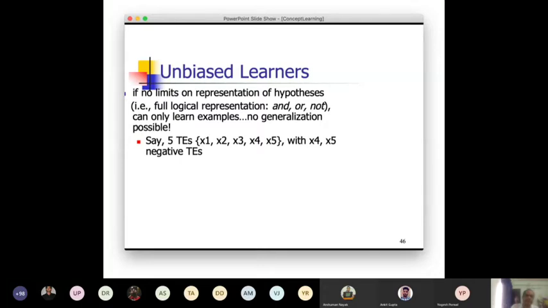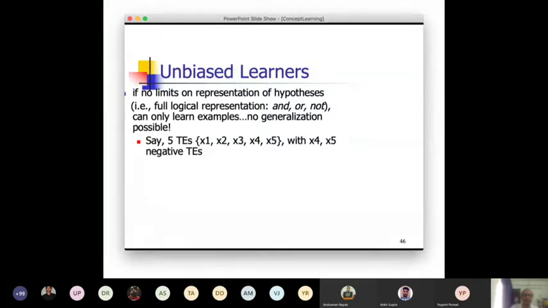So let me explain. Suppose you have these training examples, the set of instances x1, x2, x3, x4, x5. x1, x2, x3 are positive examples, and x4, x5 are negative examples. My writing is a little confusing here.